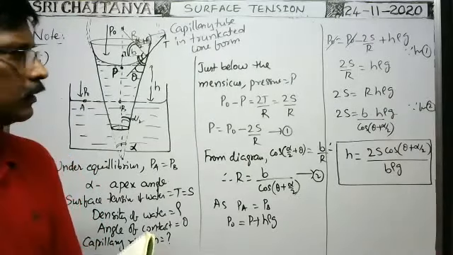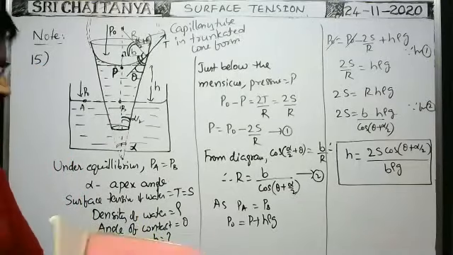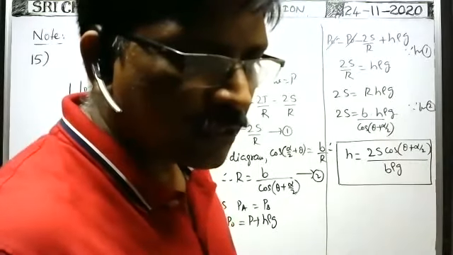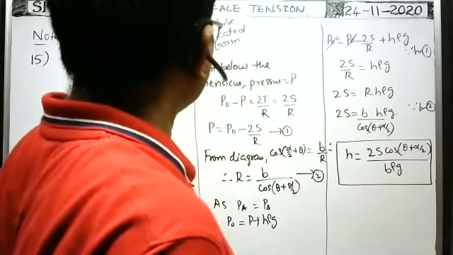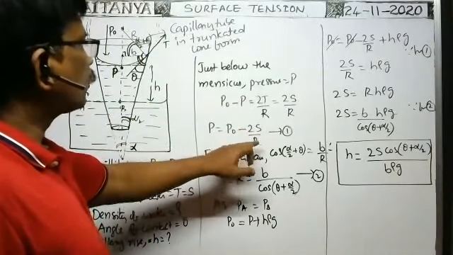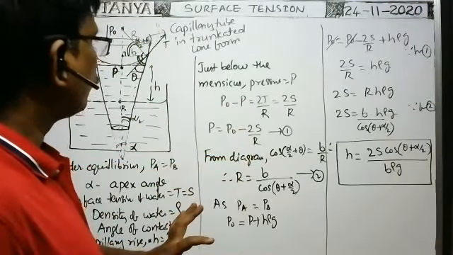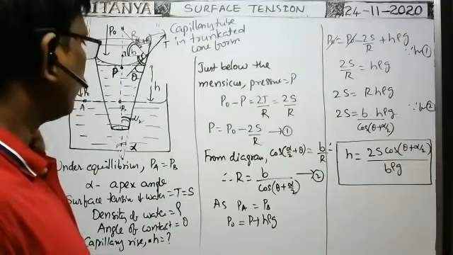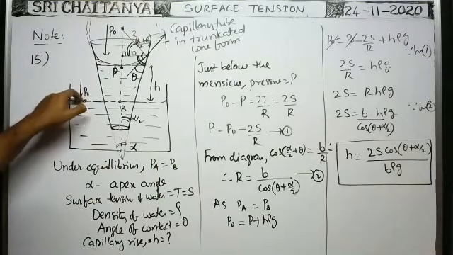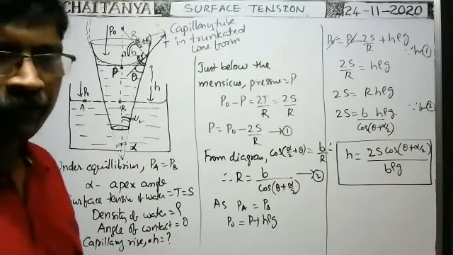Where is P naught, Swarantesh? P is equal to P naught minus 2S by R. At this point, the pressure is equal to atmospheric pressure only, because it is open to atmosphere.